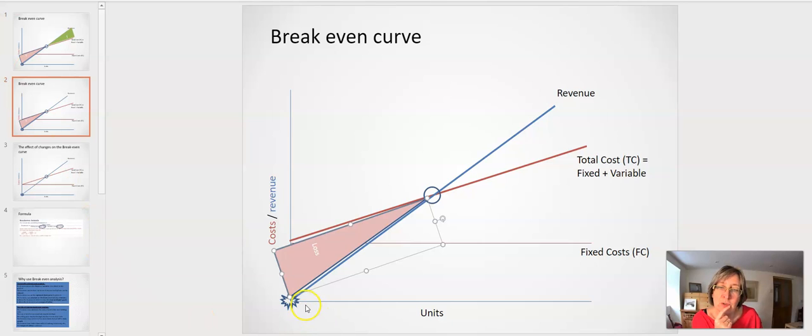If you produce a number of units lower than the break-even point, then the difference between the revenue and the costs is a loss. You will make less money than you bring in.